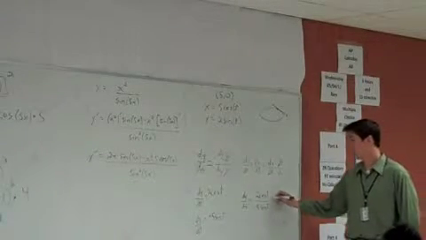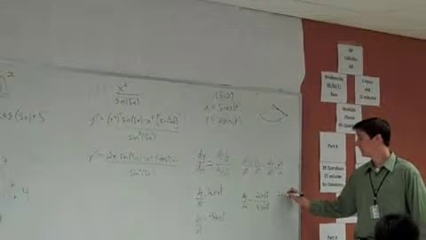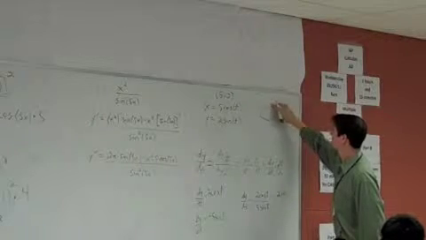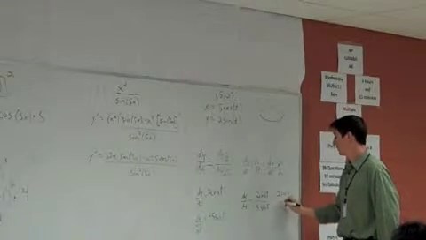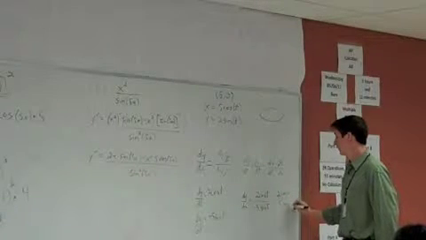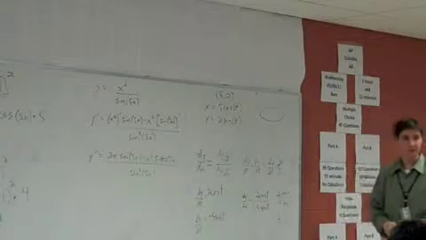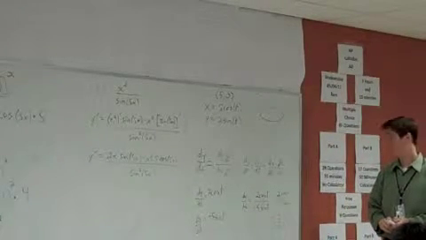Well, let's plug it in. Let's plug in at time 0. What do you get? You get 2 over 0, which is what? Not 0.